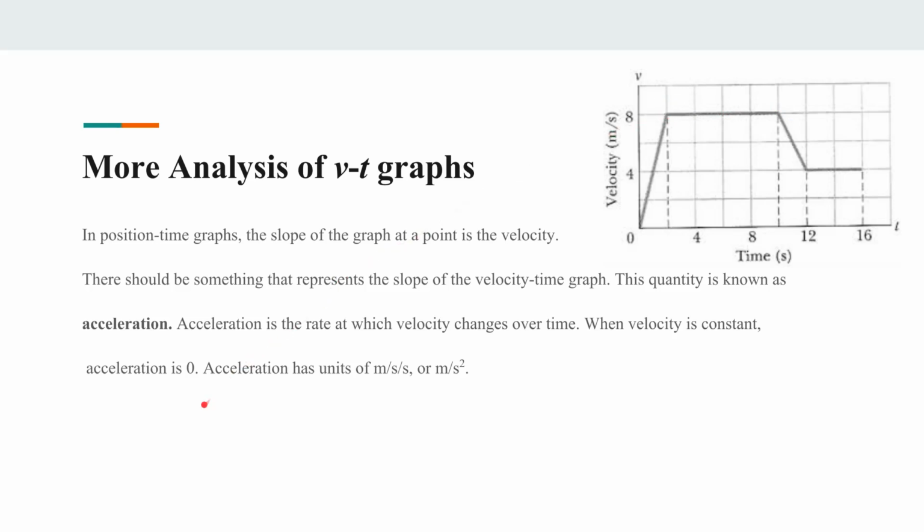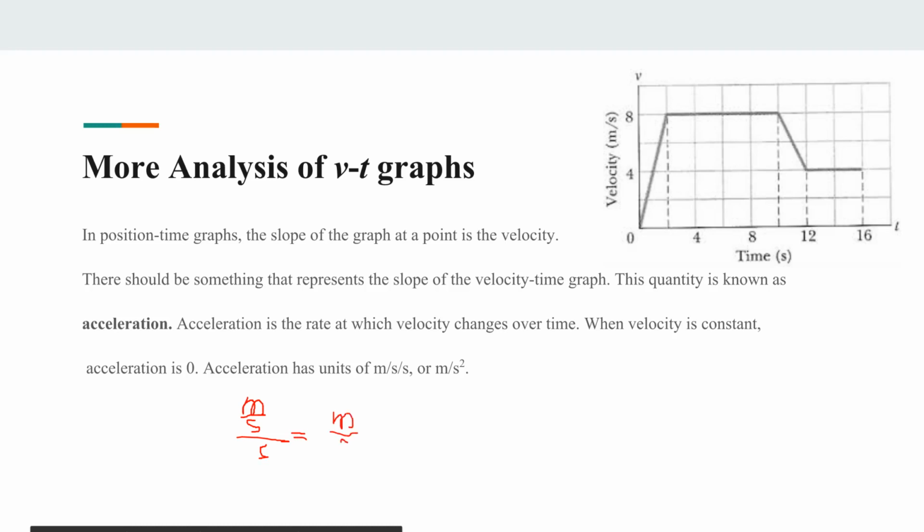So acceleration has units of meters per second squared. I'll just show you how this works. So this is meters per second. If you're dividing by something, you're basically multiplying it by its reciprocal.